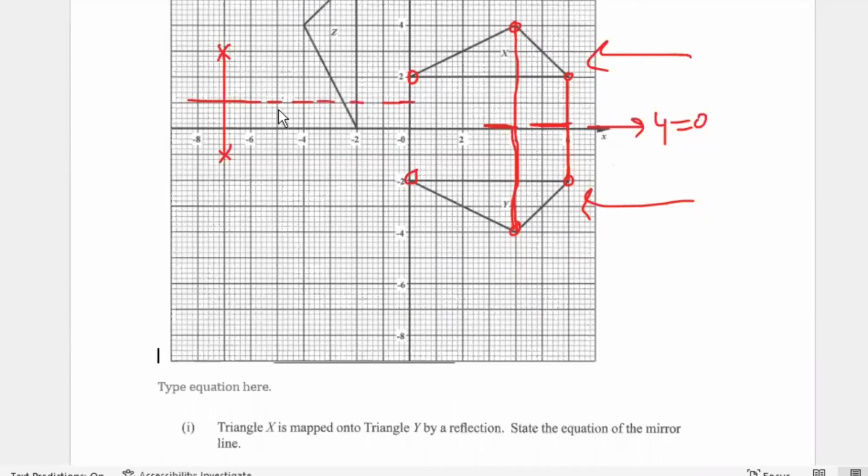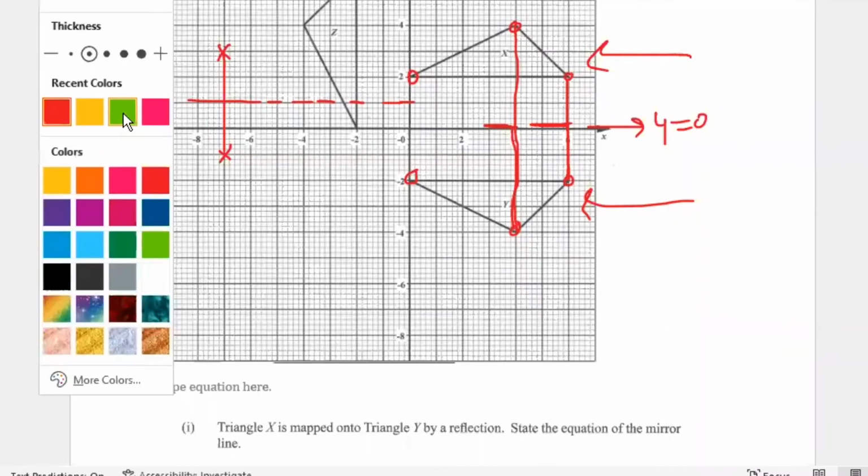This is where my mirror line is: the middle line which is an equal distance from both the object and the image. It is the same thing between these 2 points, so you can choose any point on our triangles to identify it.